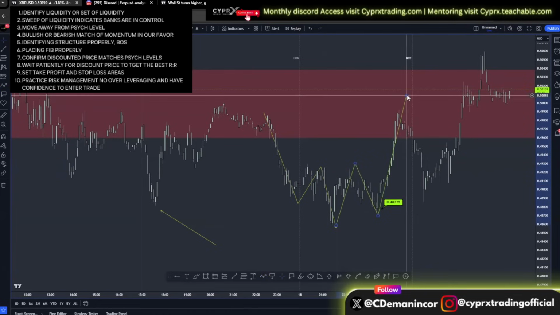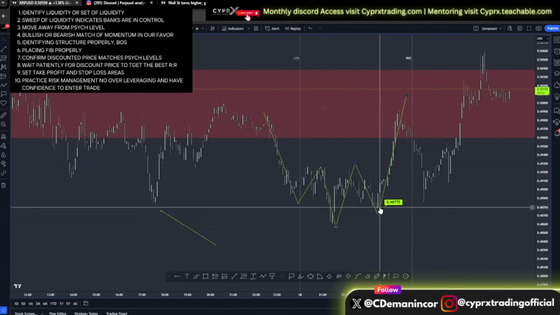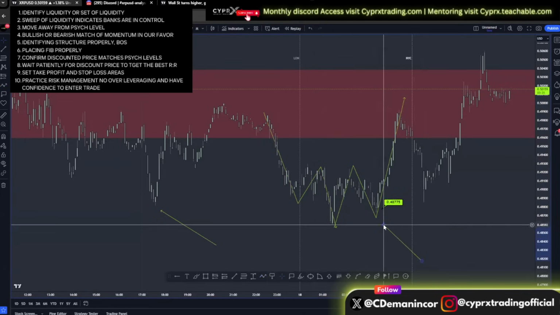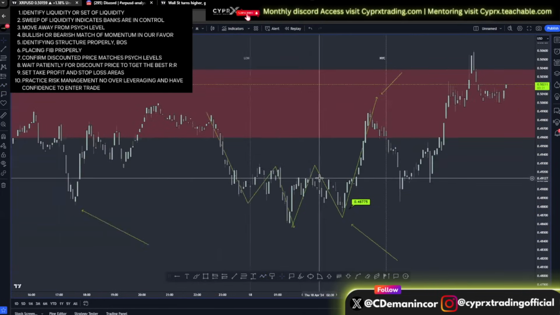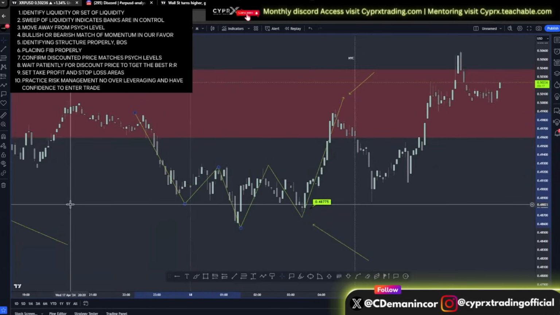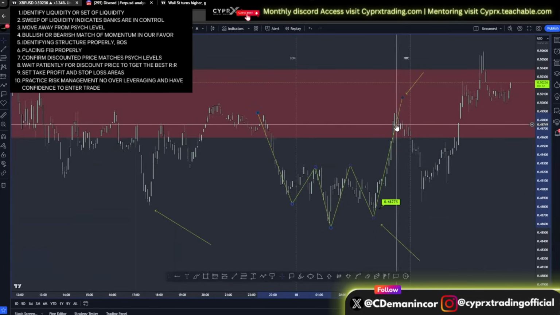Well, here we can see that scenario played out to the absolute T. We now have a new range that we can be looking to trade from because we had a new higher low, higher high formation in the market created, right? So number four, check, bullish order flow or match of momentum in our favor. This bullish leg completely engulfed and matched the previous bearish momentum, signaling that market makers used this downturn during London session to manipulate lows, sweep liquidity from those lows, and shift market structure.